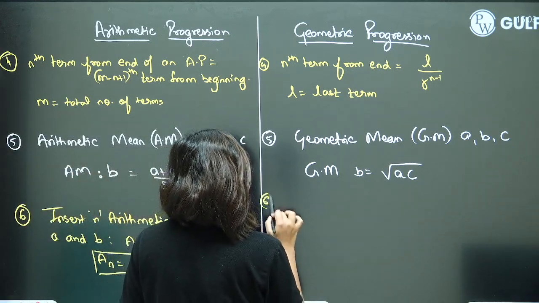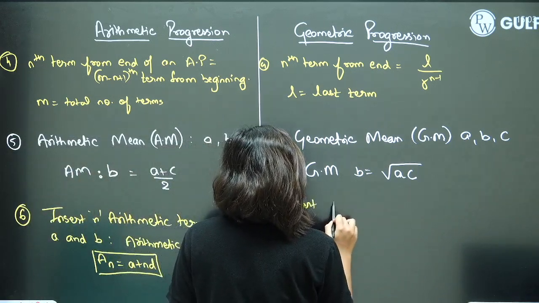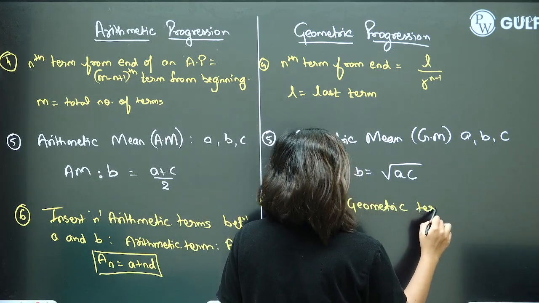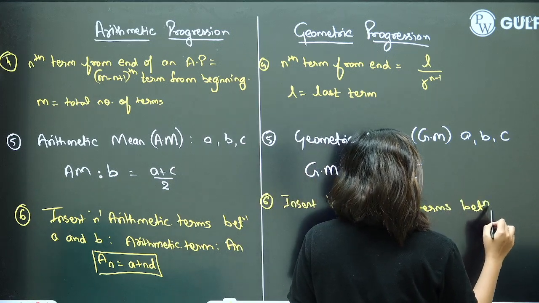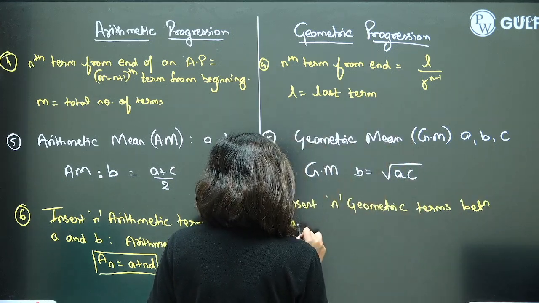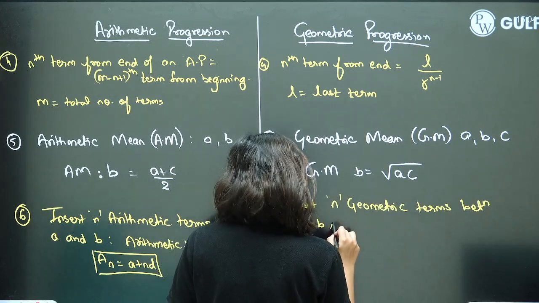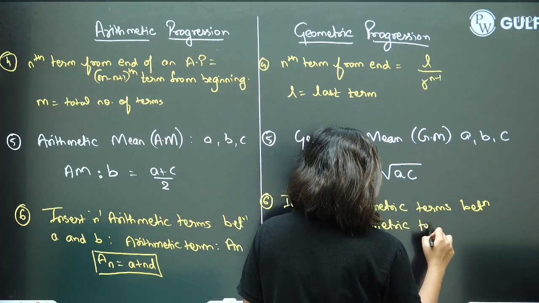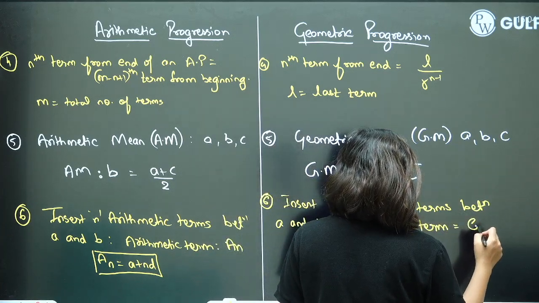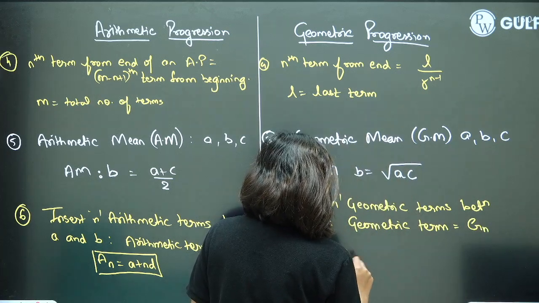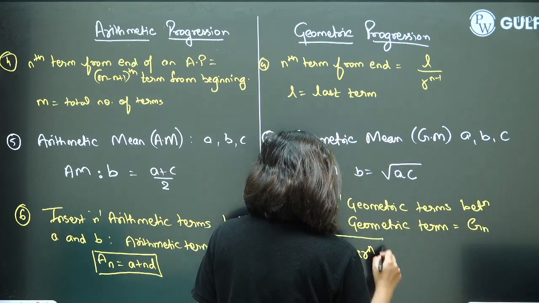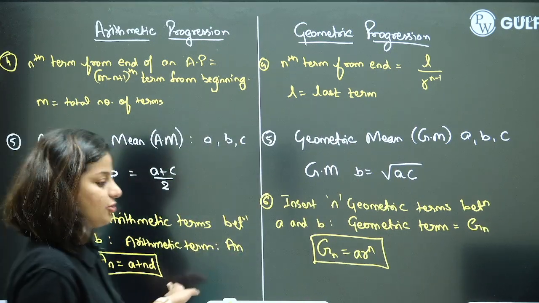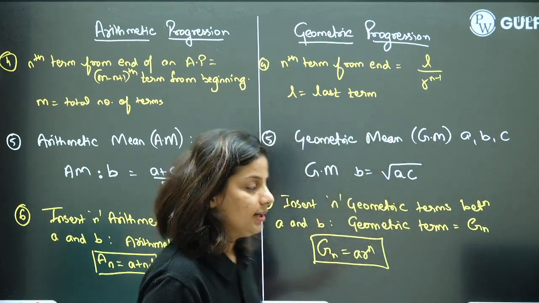Similarly, if you have a question on inserting n geometric terms between two numbers A and B, where the first number is A and the last number is B, then the geometric term Gn is given by the formula Gn equals A times r to the n. The question on this insertion is very common, both of them.